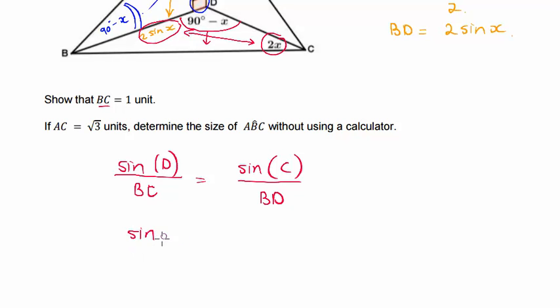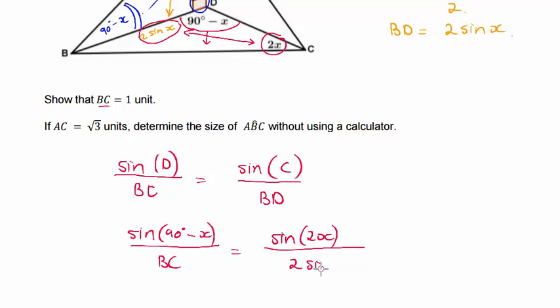I have that sine angle D is 90 degrees minus x. BC is what I'm trying to calculate, so I'll keep them like that. C is 2x, so sine of 2x. And BD, we've calculated it already. We said that's 2 sine x.